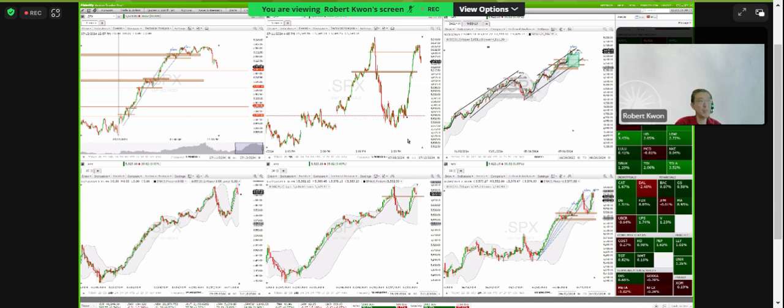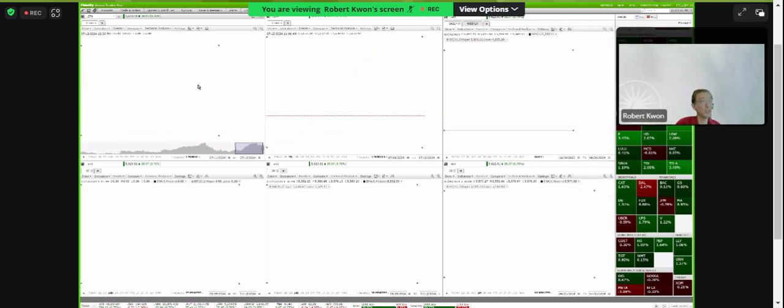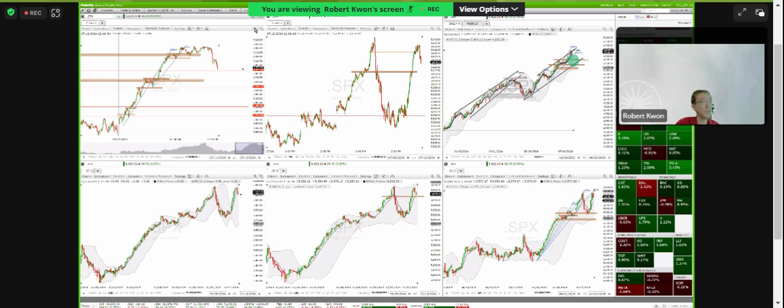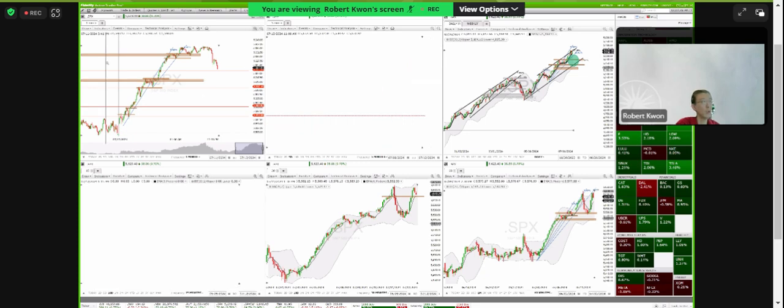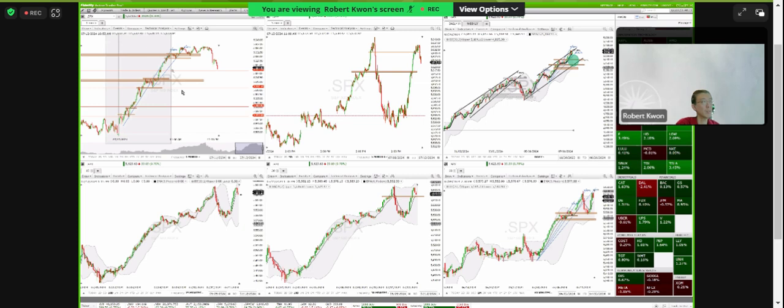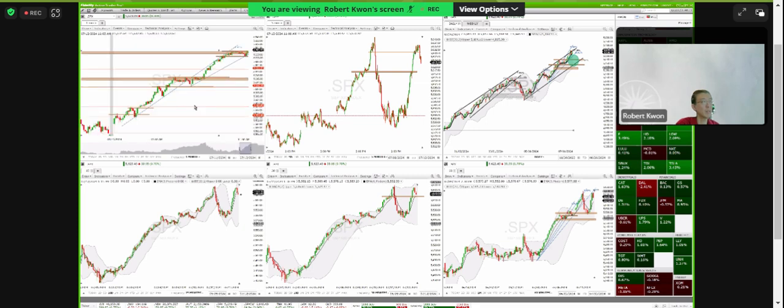So you can see I've created basically what I call a game of shelves. I'm not sure if any of you are fans of Game of Thrones on HBO or House of the Dragon. So they got Game of Thrones, I got the game of shelves. And what I always try to look for is if it gets through one shelf, notice the sequencing at the beginning of the day. See how it stalls and then breaks through the concept of trend?